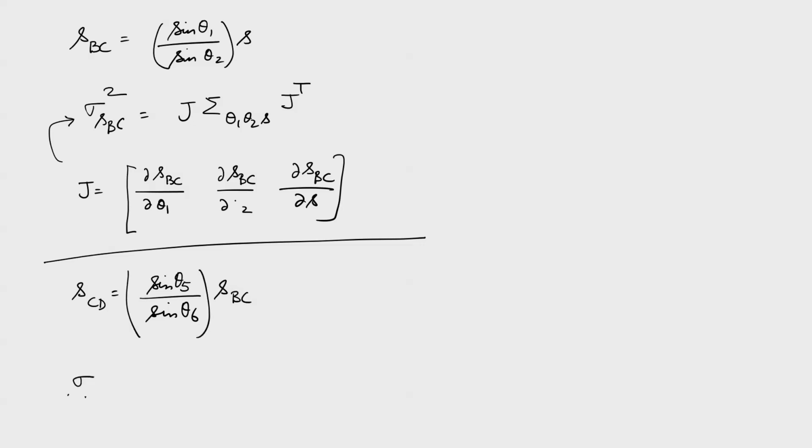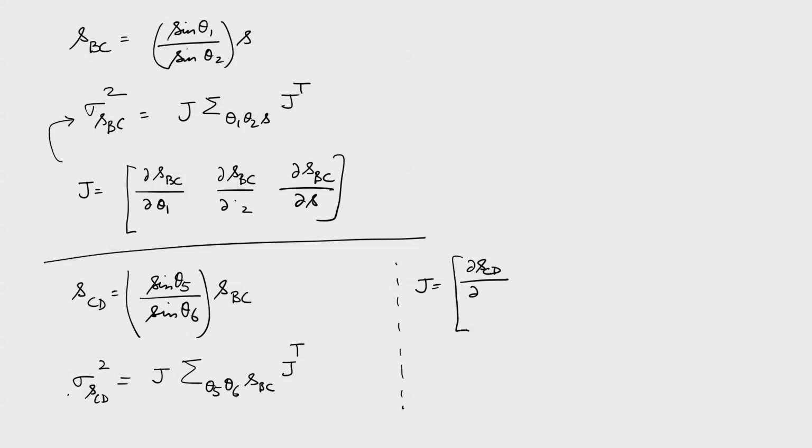If I want to find out sigma SCD square, I can write that as J sigma theta 5 theta 6 and SBC, right, into JT. So, what is the value here of the J matrix? J matrix, that is the Jacobian, is dou SCD by dou theta 5, dou SCD by dou theta 6, dou SCD by dou SBC.